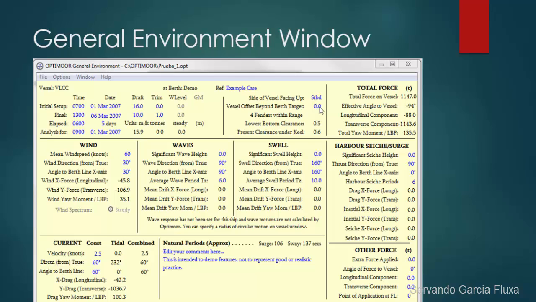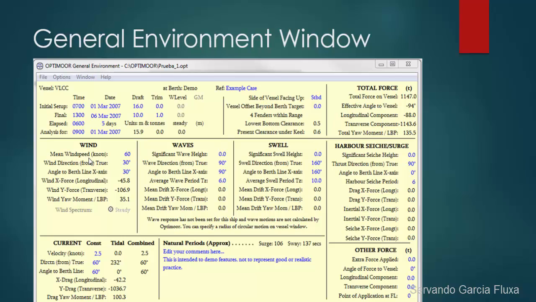Here it is asking us again what is the relative distance between the shore target and the point of interest of our vessel. Also here it is telling us that 4 fenders are in touch with the vessel at this particular time, what the lowest bottom clearance is, and the present clearance under keel.